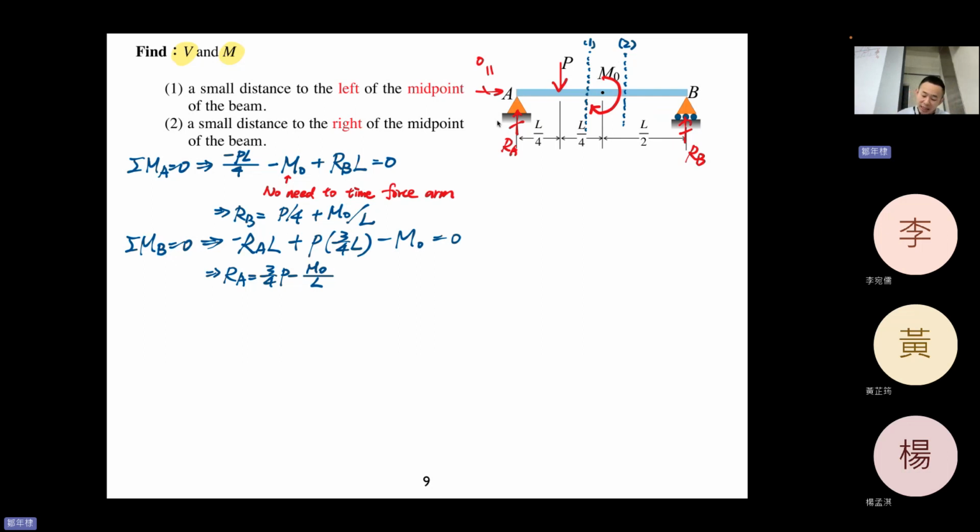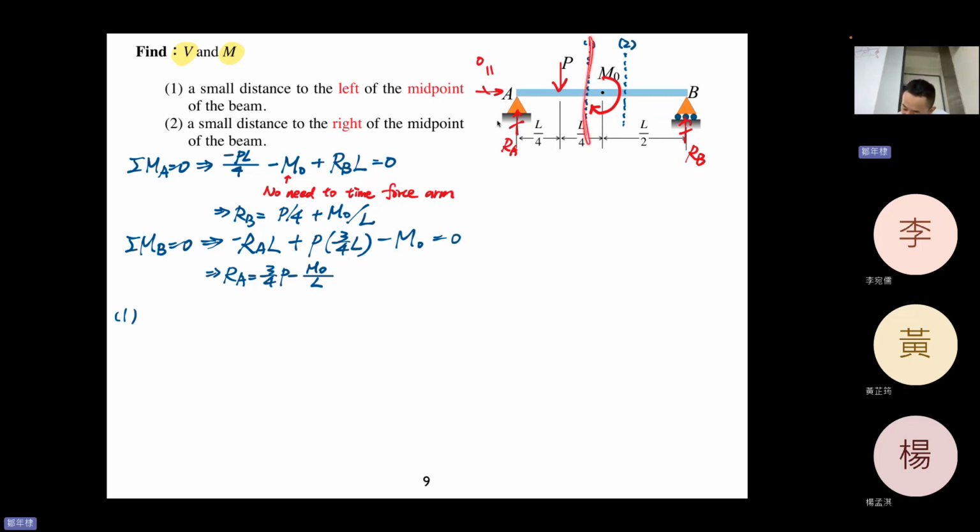So we are ready to examine V and M slightly to the left of the center point. If we want to see the internal shear force and moment at that particular point, we just cut it, right?